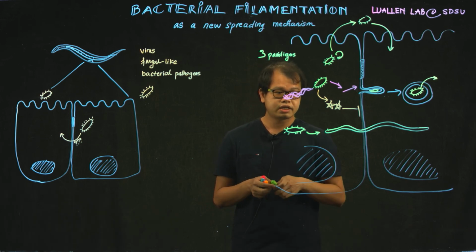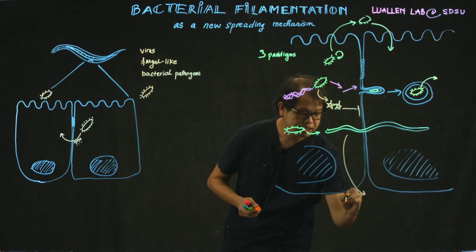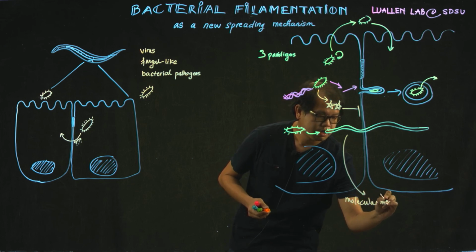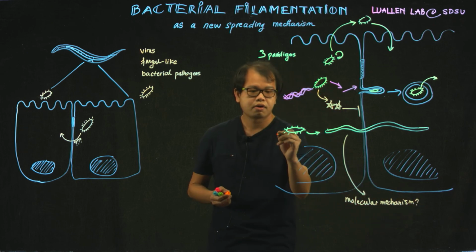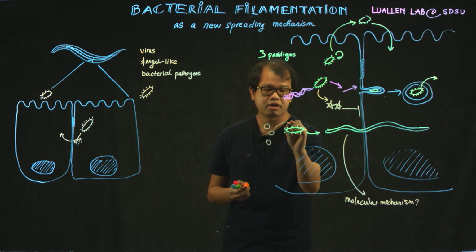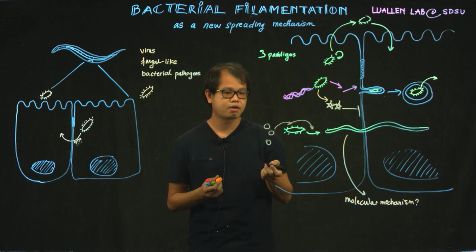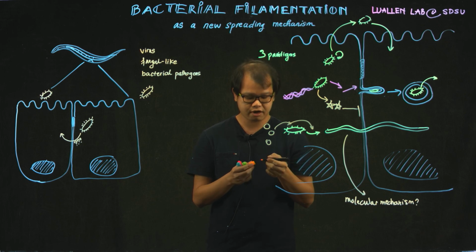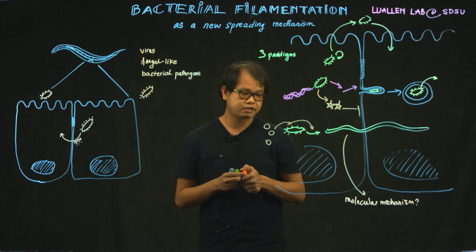And we are currently trying to dissect the molecular mechanism of the filamentation process in this bacteria, and also what the triggers are, the molecules inside the host cells that trigger the bacteria to undergo the morphology change from the coccobacilli form to the filamentous form for spreading.